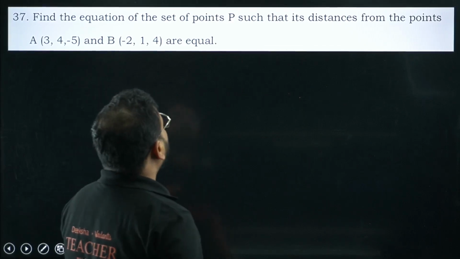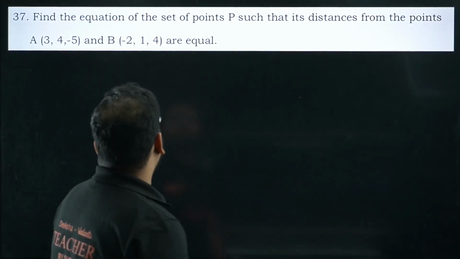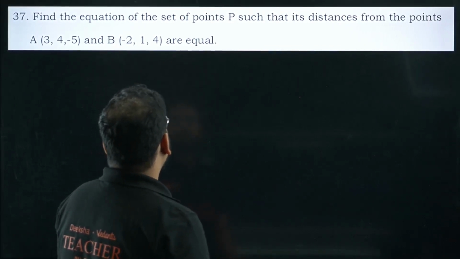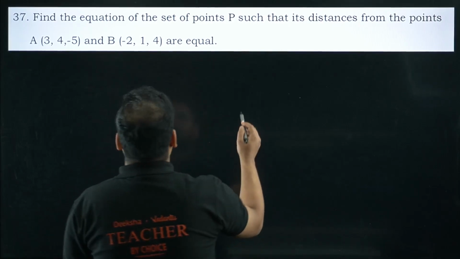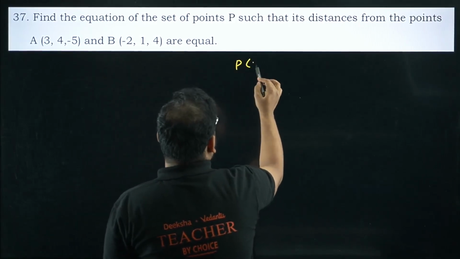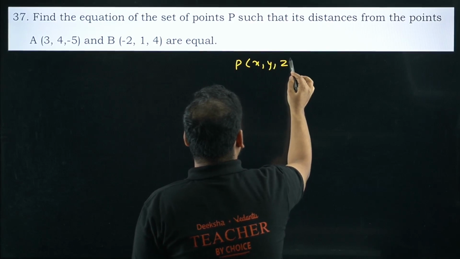Find the equation of the set of points P such that its distances from the two points are equal. How do you find it? Let's call the point P coordinates x, y, z.